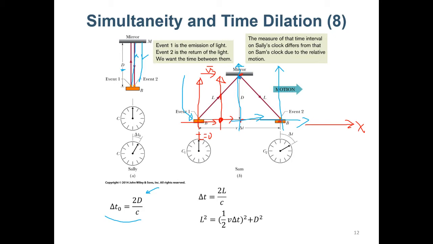Because this object and the reference frame don't have any relative motion, they share the proper time, which means that this clock C also plays at B, so it moves with this object. So the start time for B and the stop time for B use the same clock. So it should be delta t0. Up till now, is there any question?